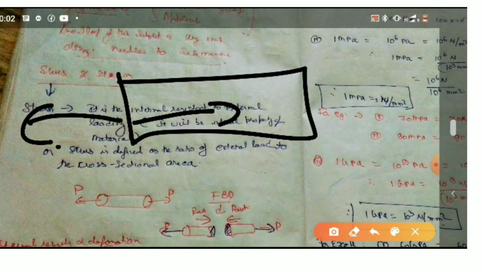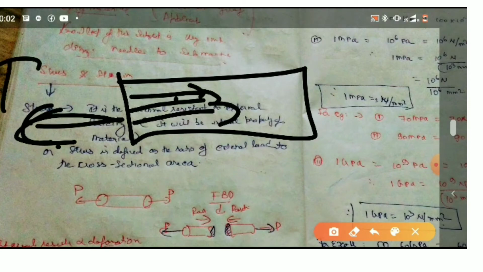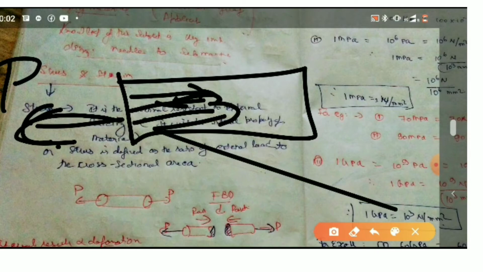For balancing P, an internal resistance develops to put the body back in its original position.